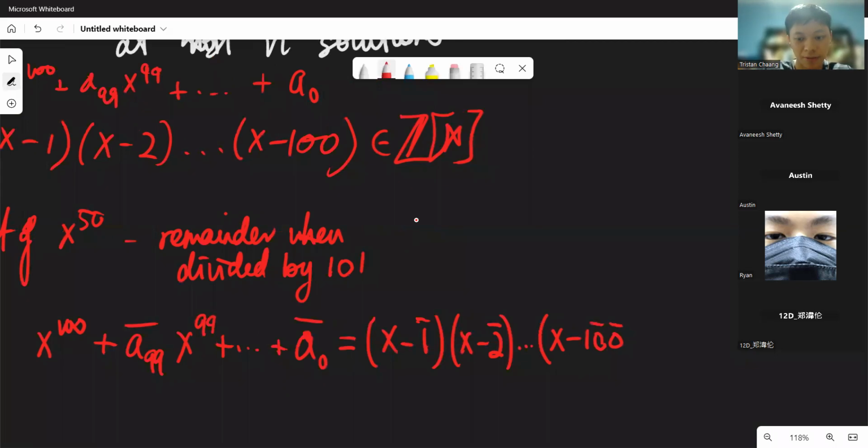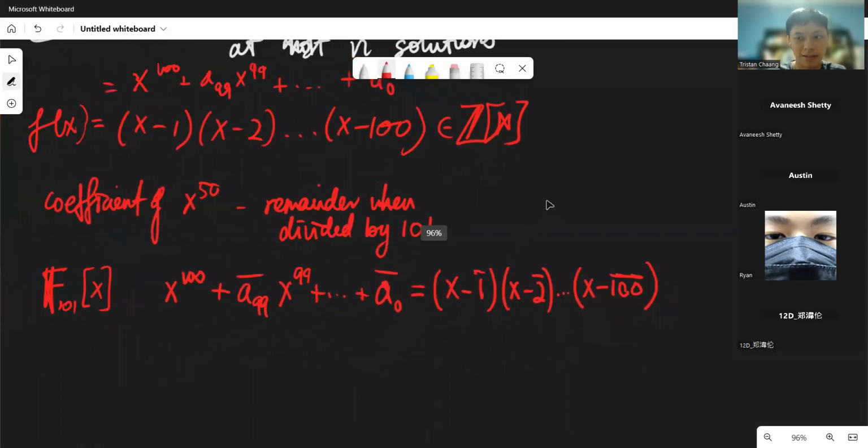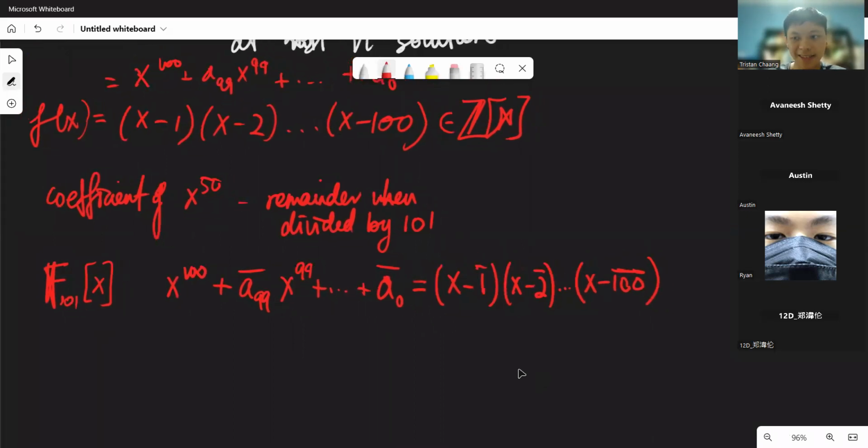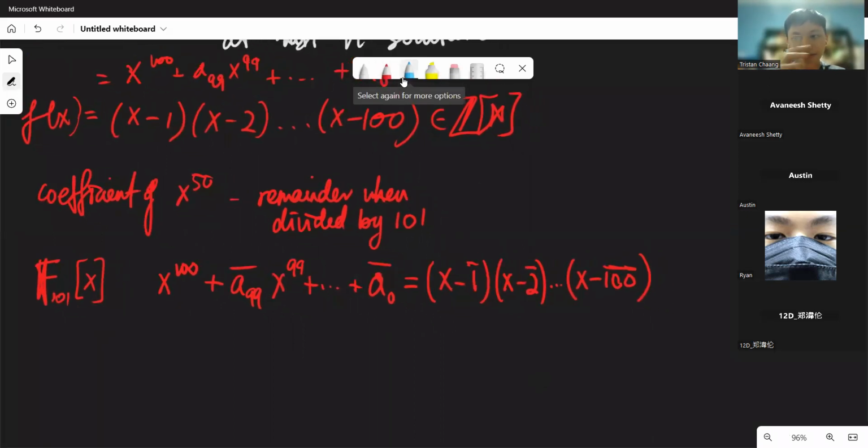Let's think of a polynomial that has roots 1, 2, 3, 4 until 100 and has degree 100. So I'll give you a hint: Fermat's little theorem again. Remember, Fermat's little theorem says that a to the 100 is always equal to 1 mod 101, right?